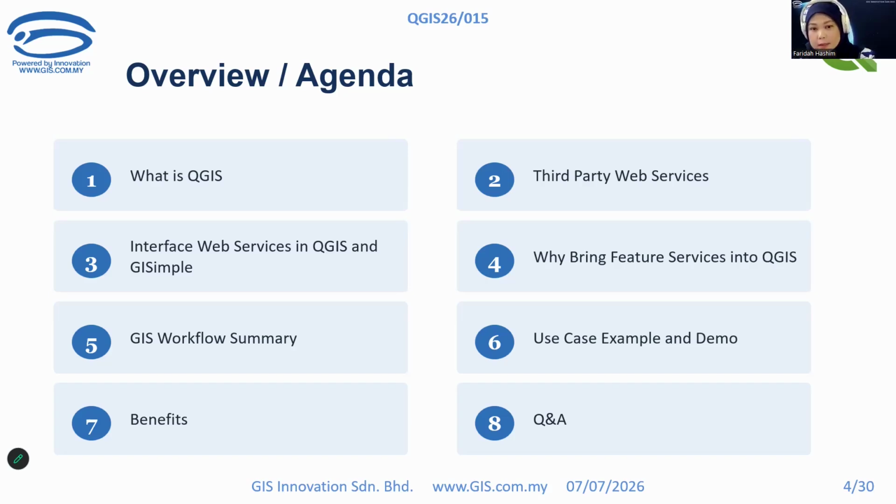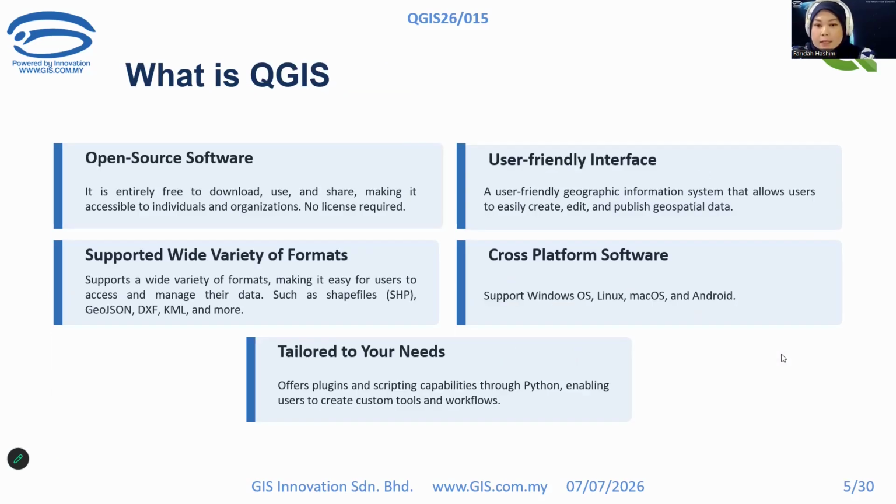Then we will discuss why bring feature services into QGIS, followed by a GIS workflow summary. And then we will use a case example and demo to show how it works in practice. Then definitely we will highlight the benefits as well. Lastly, we will end with a Q&A session. The slides are kept concise, as our speaker will guide us through a live demonstration for better understanding.